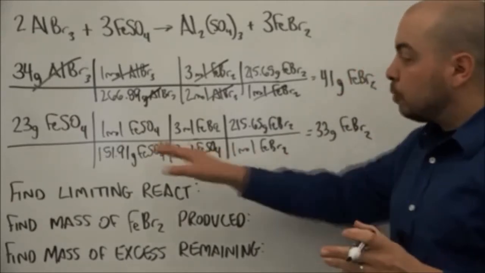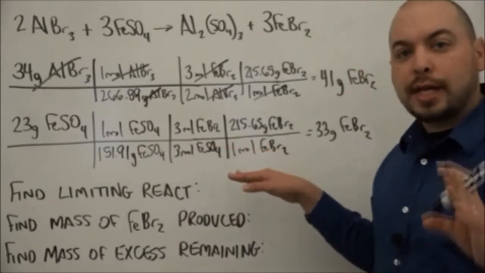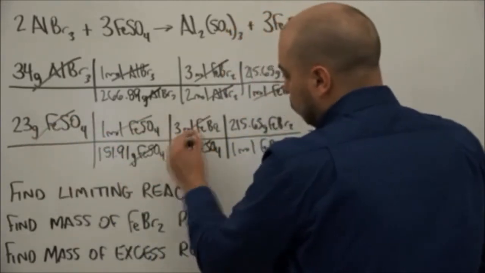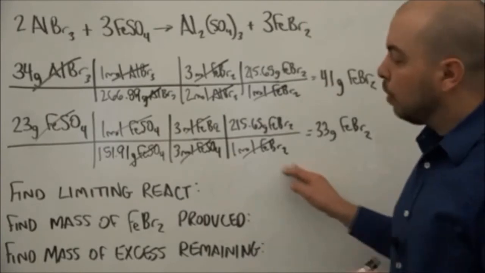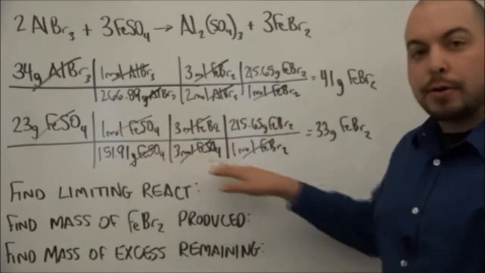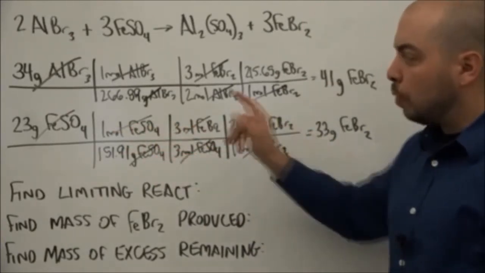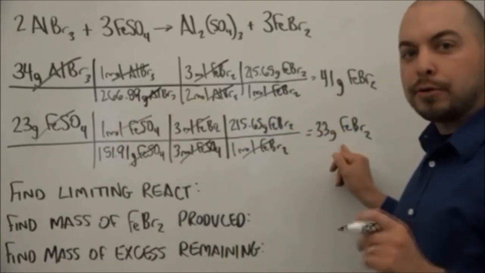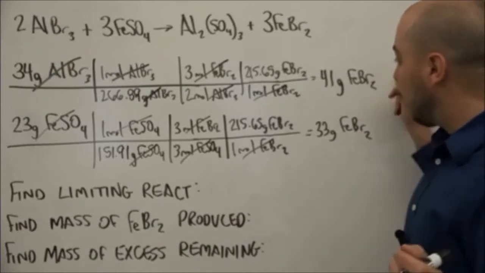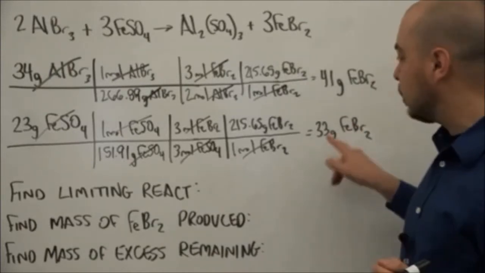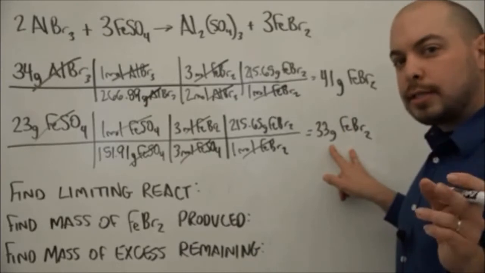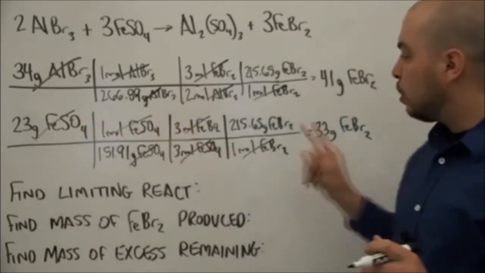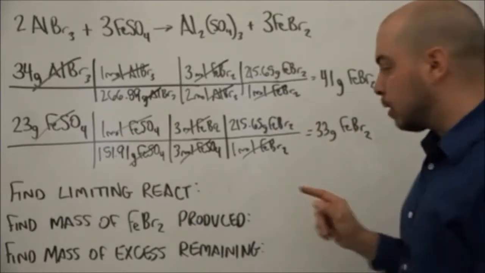Again, we want to make sure that all units cancel. They do. So we multiply across the top and divide across the bottom and find that with 23 grams of iron(II) sulfate, we produce 33 grams of iron(II) bromide. We then compare the amounts of product produced and see that we produced less iron bromide with our iron(II) sulfate, which means that it is our limiting reactant.